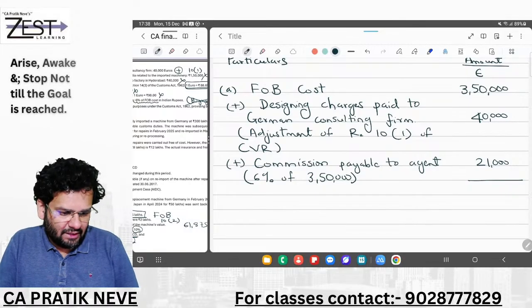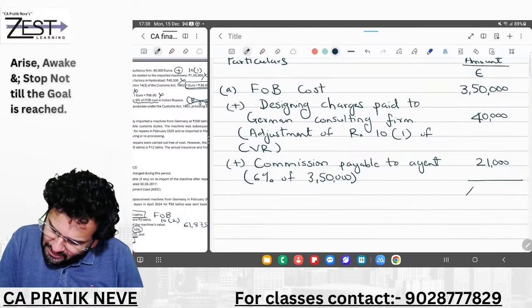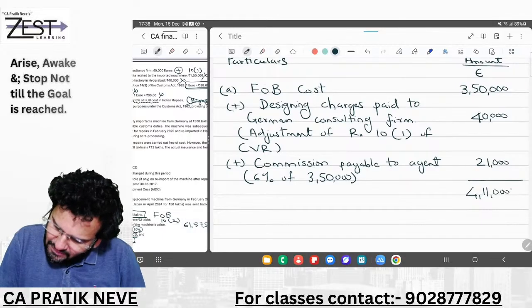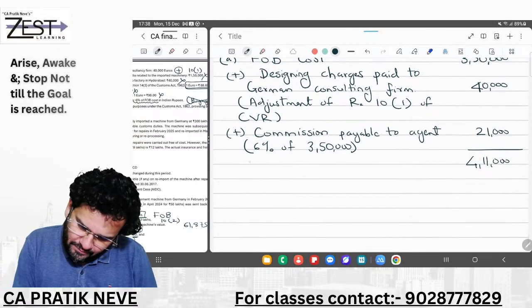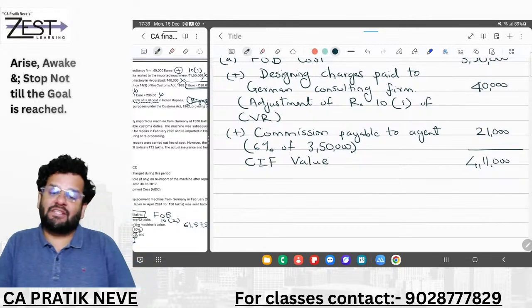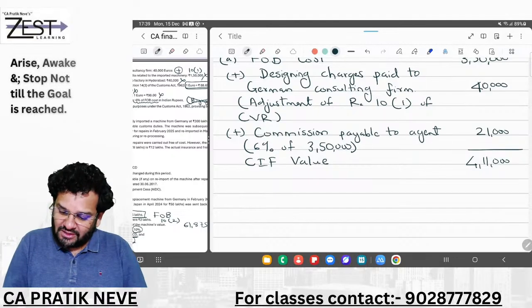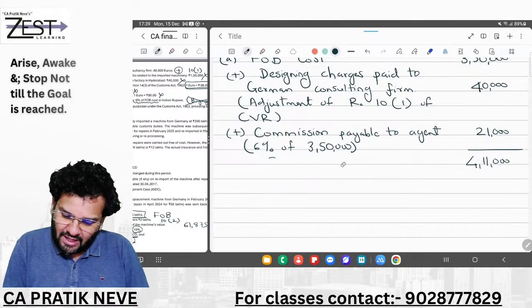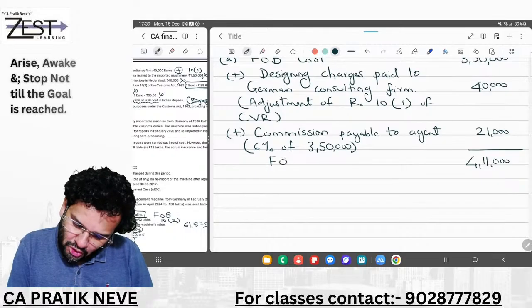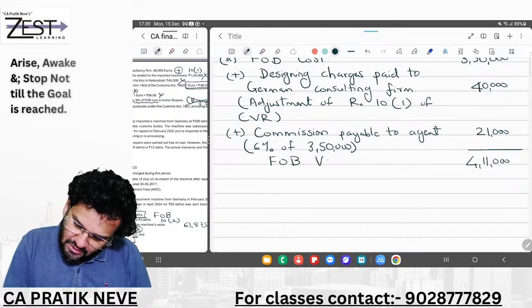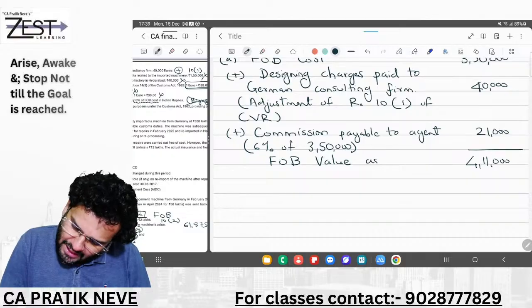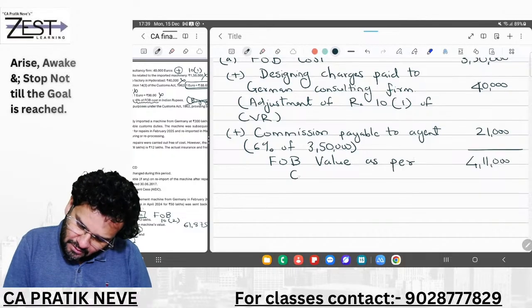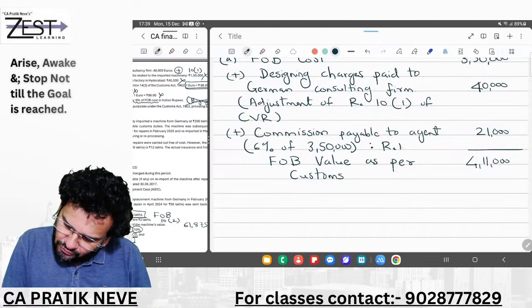So you must be getting finally 4,11,000. So 4,11,000 is your CIF value. What it is? It is your CIF value. Or not CIF. Wait. Why not CIF? Because not yet added transport and insurance. So it is FOB value as per customs, because this also is adjustment of 10(1).